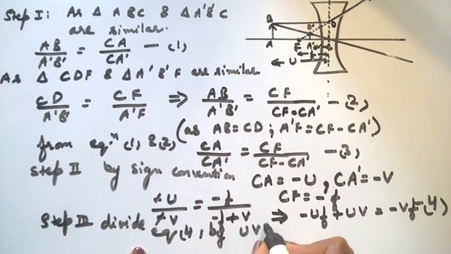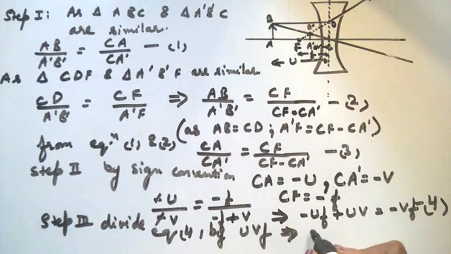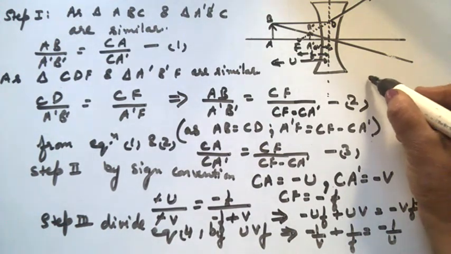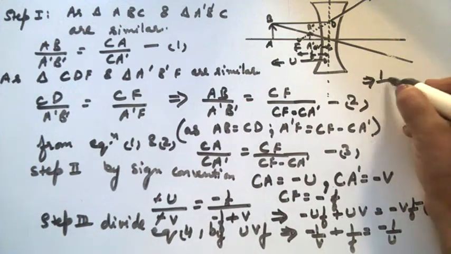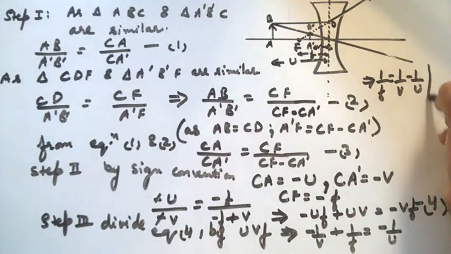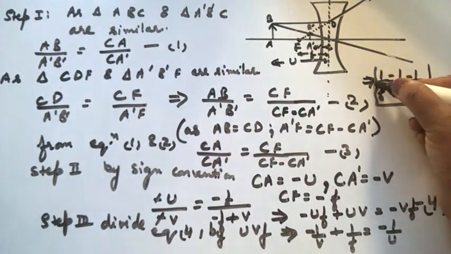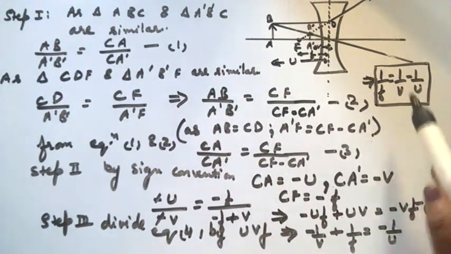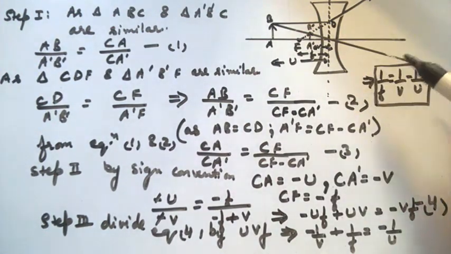We get here minus 1 by V plus 1 by F equal to minus 1 by U. Or this gives, here I am writing 1 upon F equal to 1 upon V minus 1 upon U. This is the lens formula. Thin lens here we are considering, and this is a thin lens formula for concave lens.